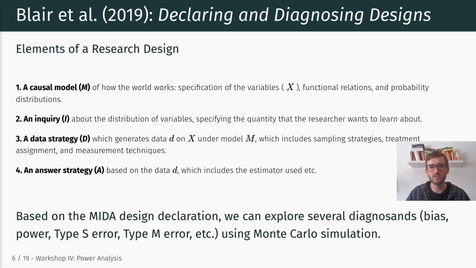And so as soon as you get into those details, it's really useful to think about the research design in this framework, and then explore the consequences of different assignment strategies, analytical strategies, estimators, and so on, based on that framework.